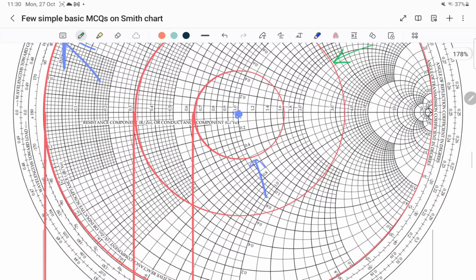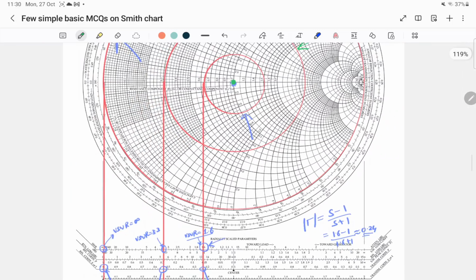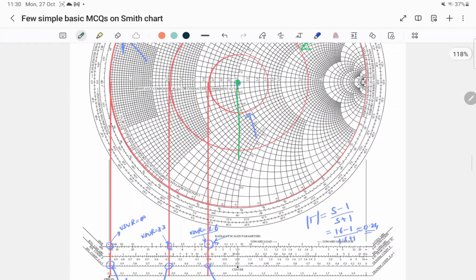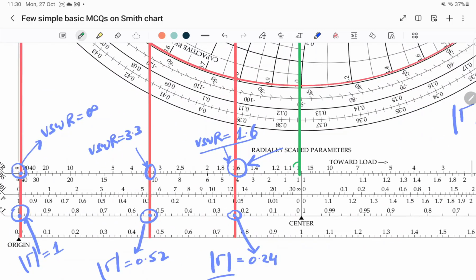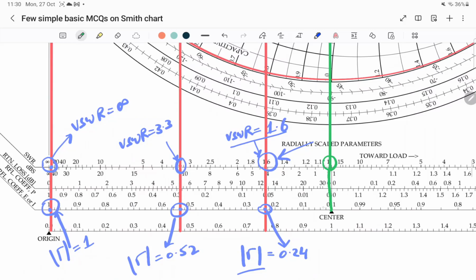So this point is the smallest VSWR circle. Now if you draw a line here, you will see that the VSWR value is 1 here. And if you extend this line over here, you will also see that the reflection coefficient value is 0 here.